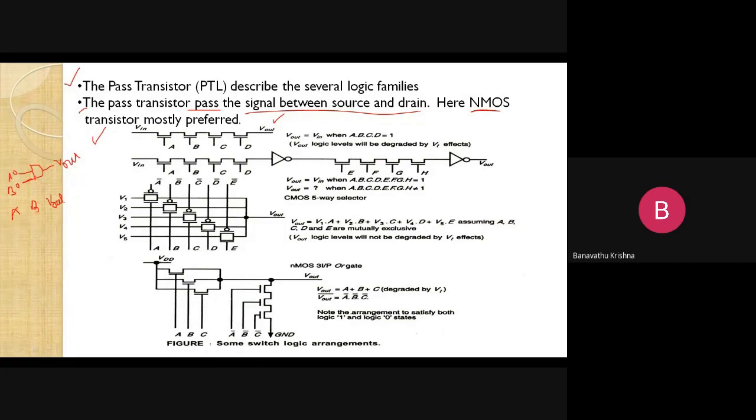Let us take both cases 0, 0, then 0, 1, and 1, 0, which give 0. Only when both A is 1 and B is 1 do we get the output response 1.